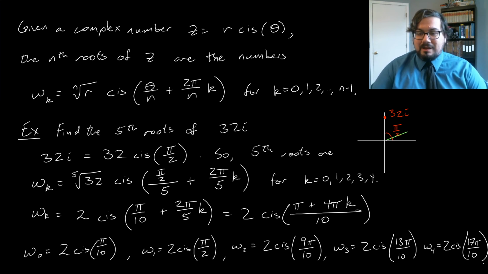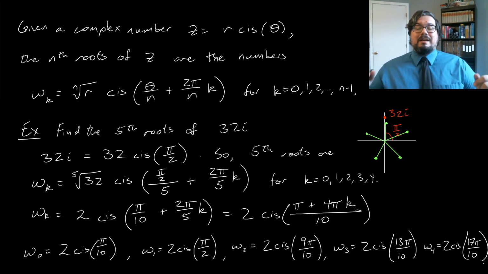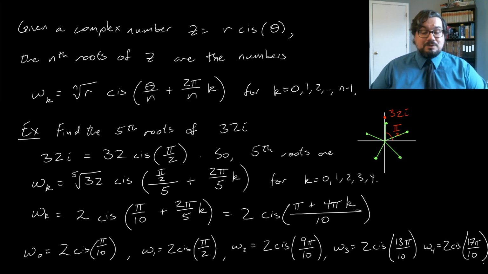We can sketch them out. They're approximately at these locations. If you do graph them out, you'll notice that the nth roots of a number always lie on a circle centered at the origin, because they all have the same magnitude, so they're all the same distance from the origin, and they are equally spaced around it, in a number of points equal to the root that you are taking of it.